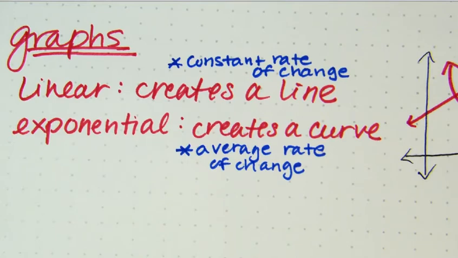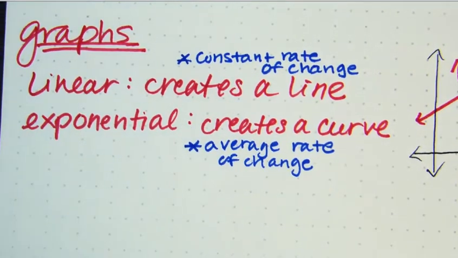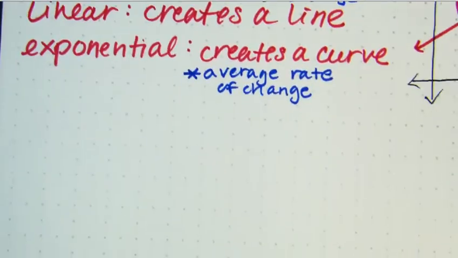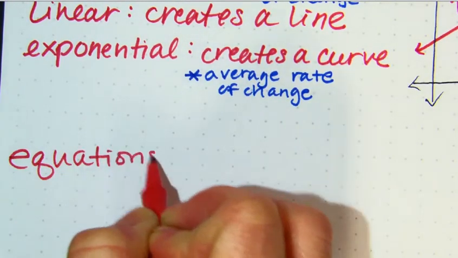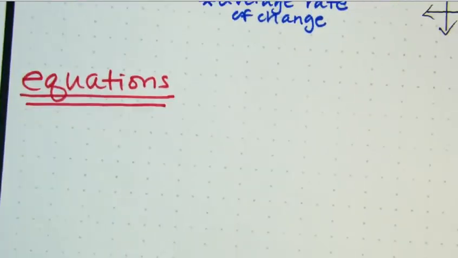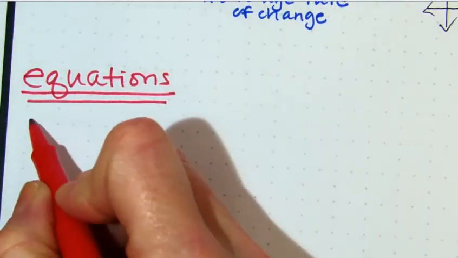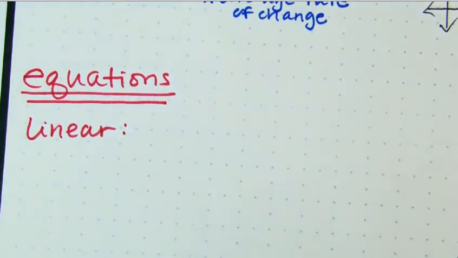All right, so next up, we're going to look at the equations. All right, so does anybody remember the general format for a linear equation? Is it y equals mx plus b? Yes it is.